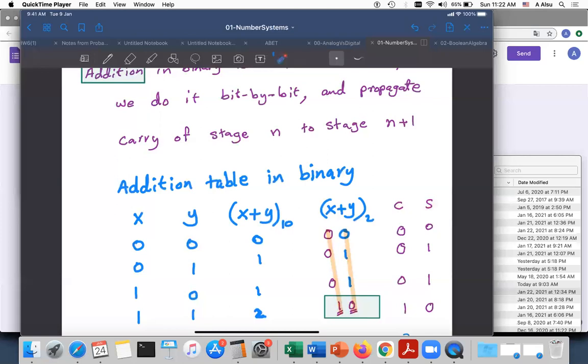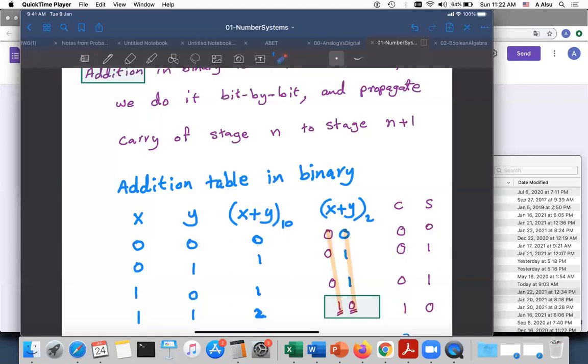So the sum is going to be 0 1 1 0, and the carries are going to be 0 0 0 1 for these combinations. You get it? So if I tell you what is 1 plus 0, you'll say it's 1 with a carry of 0. If I tell you what is 1 plus 1, you say 0 with a carry of 1. You have to memorize this.